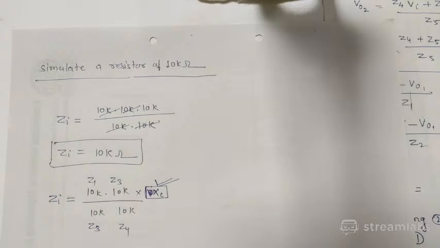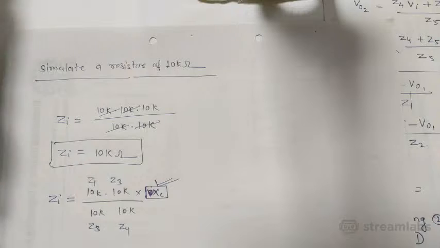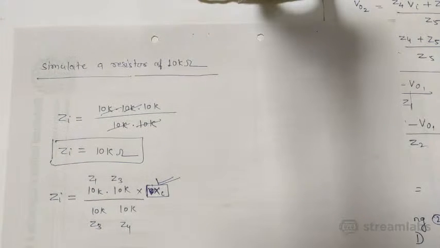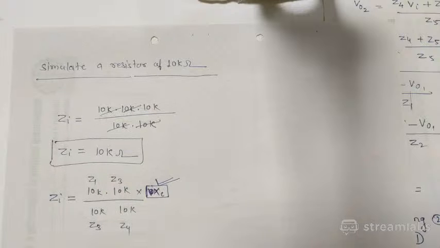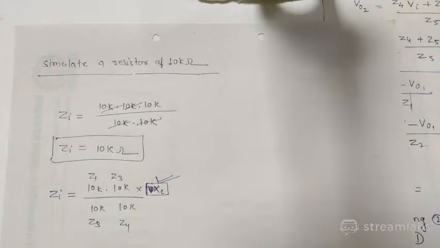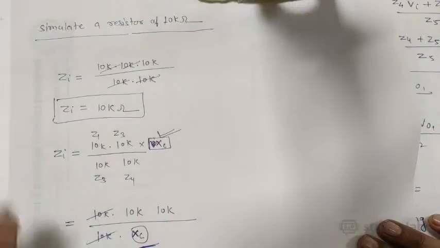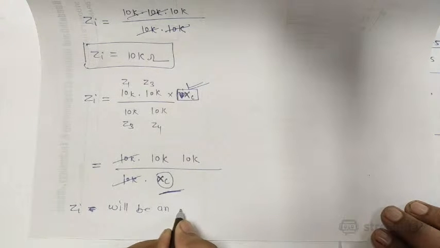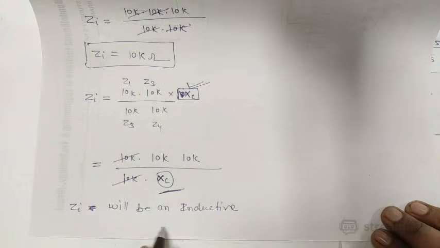If you want to design an inductor, in that case you have to take the capacitance on the lower side, and then the others are 10K each, and the other will be capacitive. Then these will cancel, and the equivalent Zi will be one upon the capacitive impedance, which is an inductive impedance.